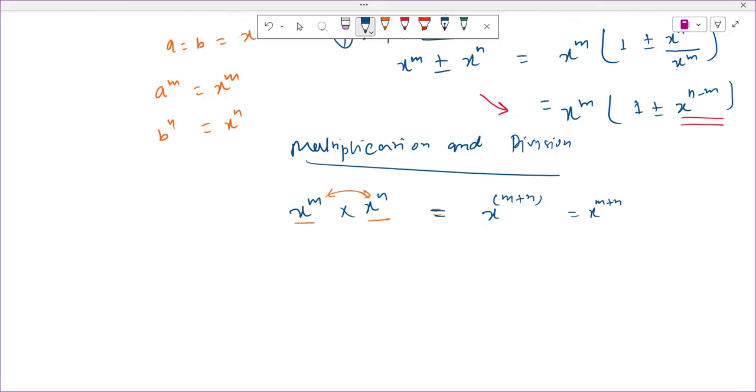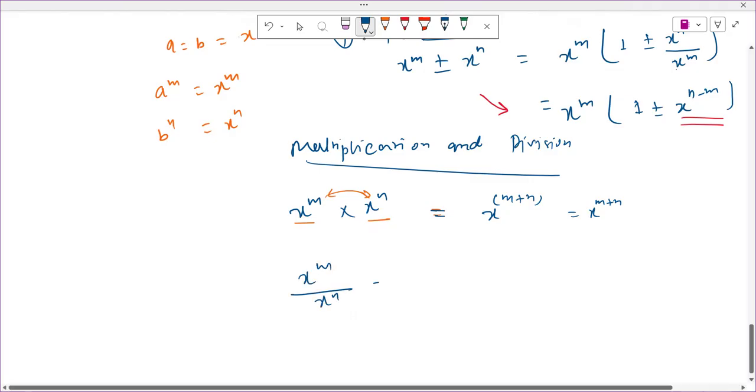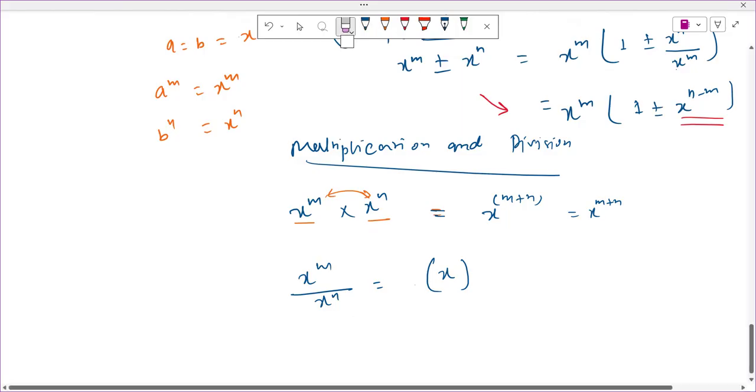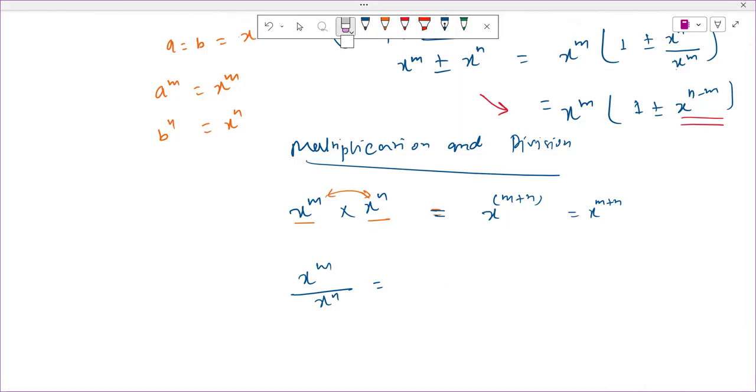So if you are multiplying, what if you will be dividing? In that case your base is the same, so keep it the same. Divide means, it's very simple, x to the power m into 1 by x to the power n.